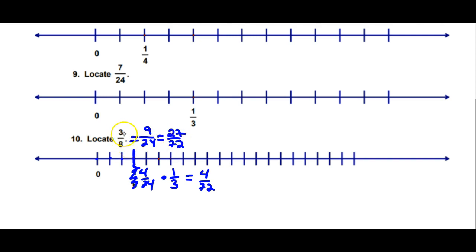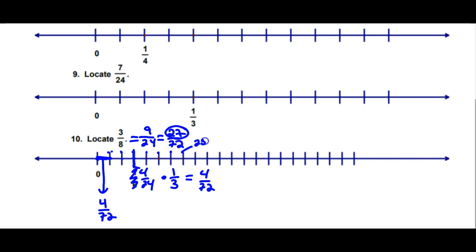And you could divide that out and check it, see if it's the same as 3 over 8, but it should be. So I do all of this to say that each one of these is the same thing as 4 over 72, and I want to know where 27 over 72 is. So I'm counting by 4 72nds here. So I've got 4, 8, 12, 16, 20, 24, 28.